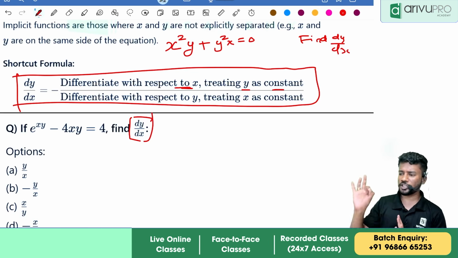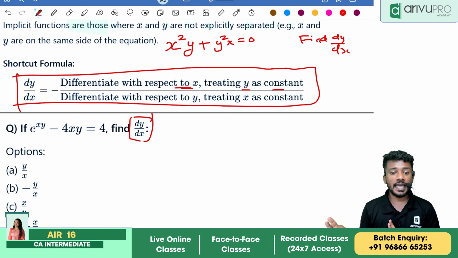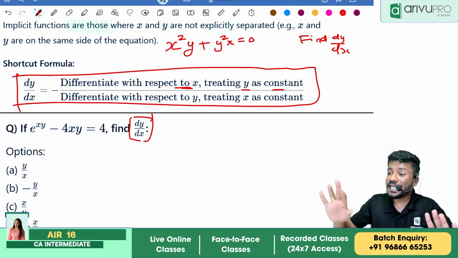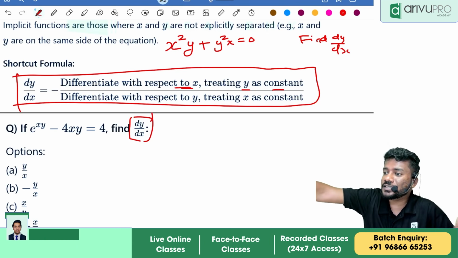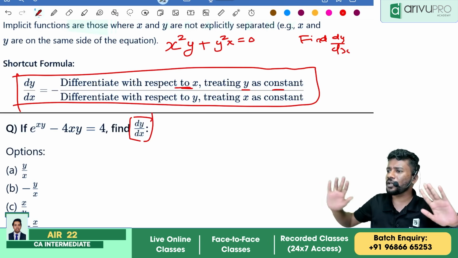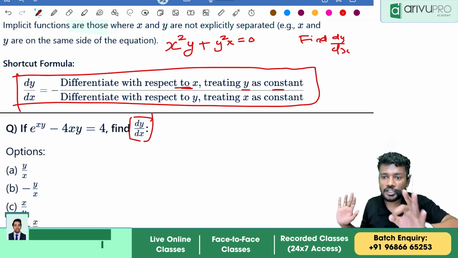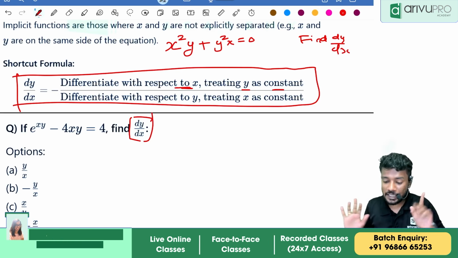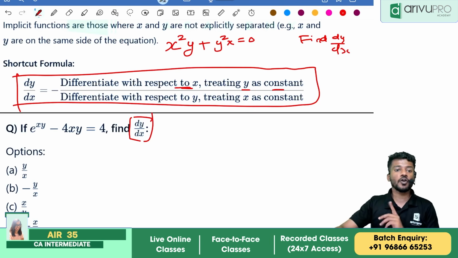Differentiate with respect to x, taking what as constant? y as constant. That means we will treat y just like another constant. Divided by differentiate with respect to what? y, taking x as a constant.